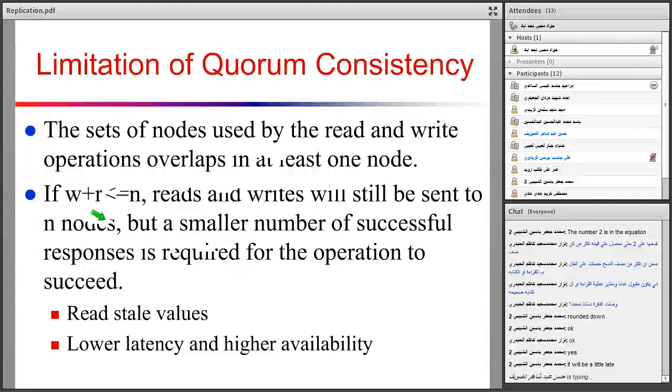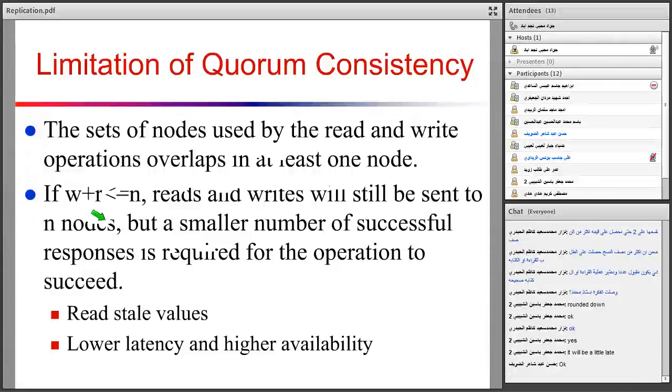In this state, some values can be stale, and it is possible for the reader to read stale values, because W plus R is lower or equal to N. Not in all cases, but it's possible to have cases where there is no overlap between the nodes in writing and in reading.